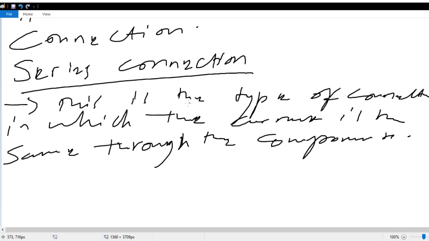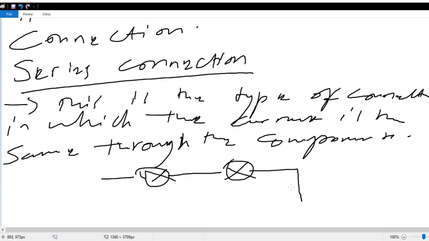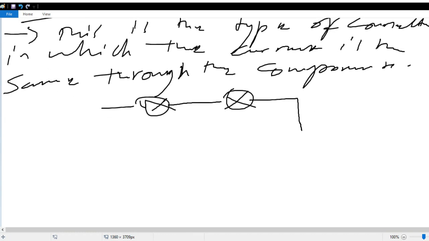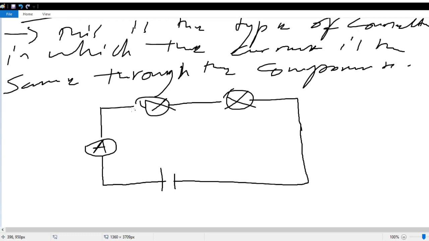For example, if you have lamps connected in series, they will appear in this form. If we have these two lamps, as you can see, they are connected in series, and we have an ammeter. That's an example of a series connection.